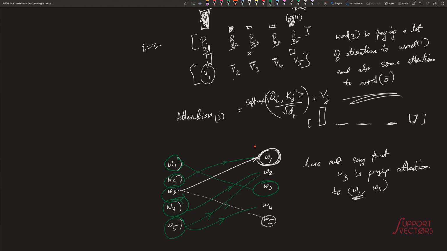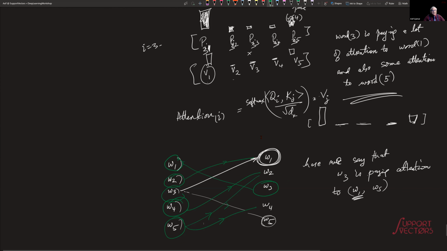And then you defined the concept of attention, that this word is paying attention to that and so forth. And now, how do we know that this is happening? We'll come to that. But for the time being, believe that it's happening, right? Just believe that we can train the network to pay attention to the right words.